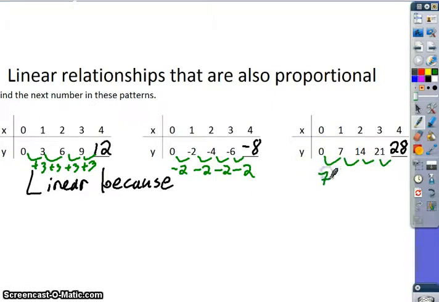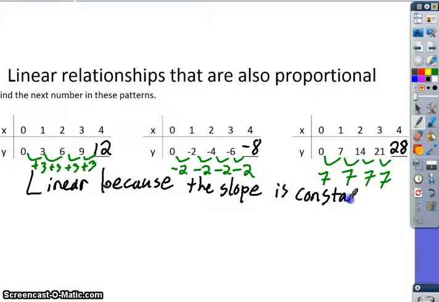The slope here is 7, 7, 7, 7. Why is this linear? Jessica. You're exactly right, because the slope is constant. It does not change, it stays the same.